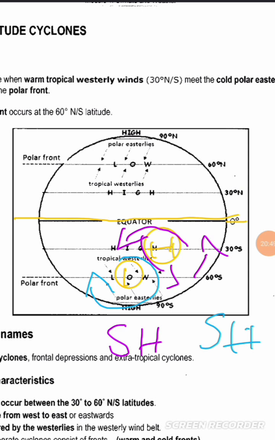This is what we need to focus on. The difference is the opposite in the northern hemisphere, but we have to focus on the southern hemisphere since we are in the southern hemisphere.